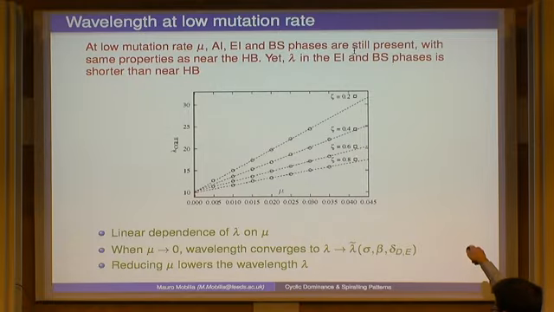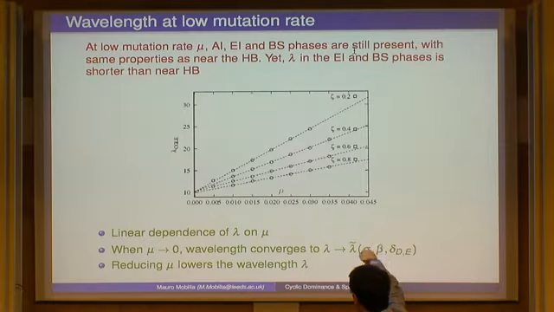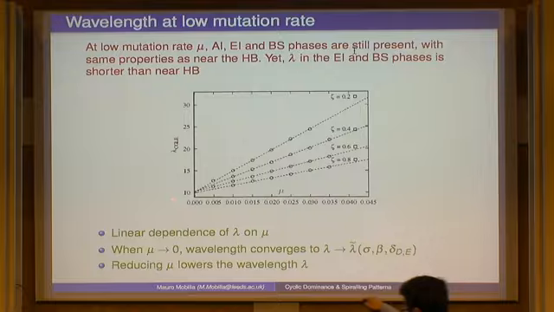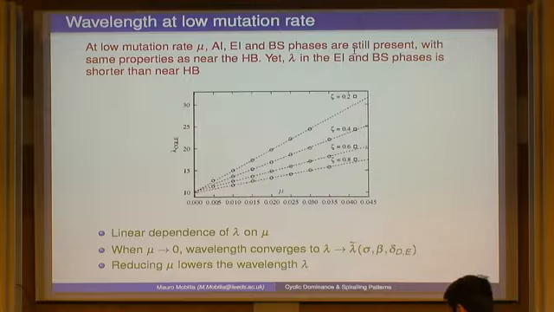So these squares here are the prediction of the CGLE. Away from it, we have used the PDEs, so these are the bullets here. And we see that when we reduce mu and mu goes to 0, this approaches a constant value, say lambda tilde.